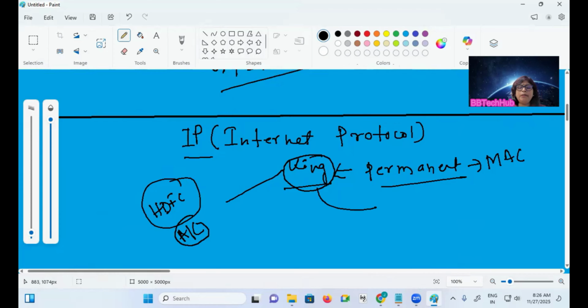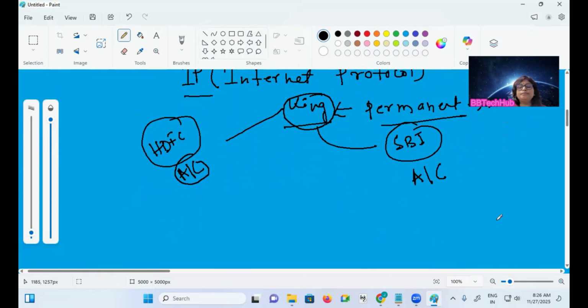Similarly, the King has an account in the SBI Bank, where he gets another account number. Now in this SBI network, the person is identified by that account number. Now you see the person is the same. When going to HDFC he has one account number, and when going to the SBI Bank he has a different account number.